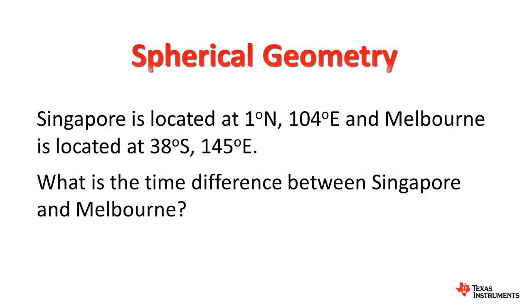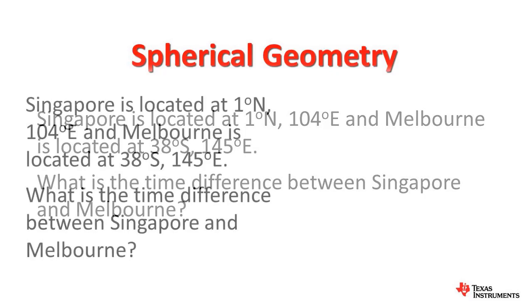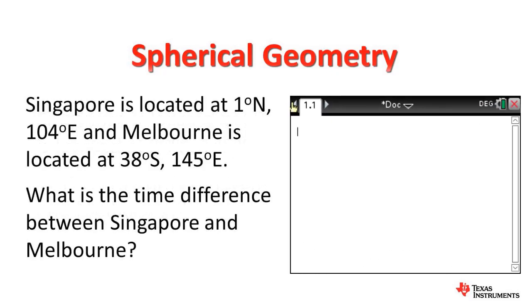Okay, so here we have a question. It says Singapore is located at 1 degree north, so we won't worry about the latitude, we'll just focus on the longitude part. And Melbourne has a longitude of 145. What is the time difference between Singapore and Melbourne? Obviously in this case the first thing we will do is to find the longitude difference. So the longitude difference will be the Melbourne longitude minus the Singapore longitude and multiplied by 1/15.